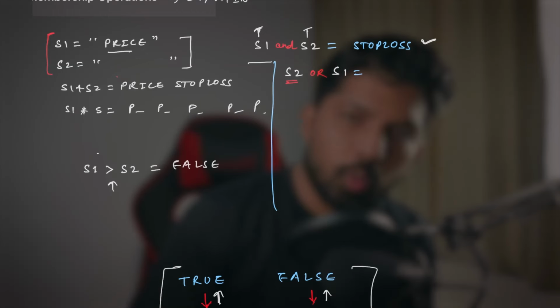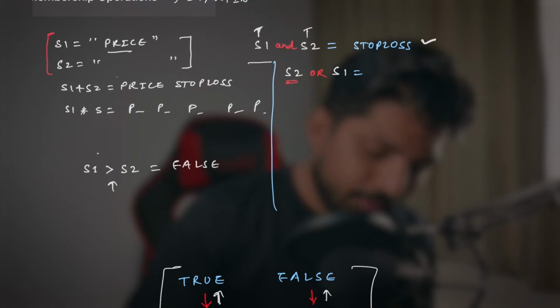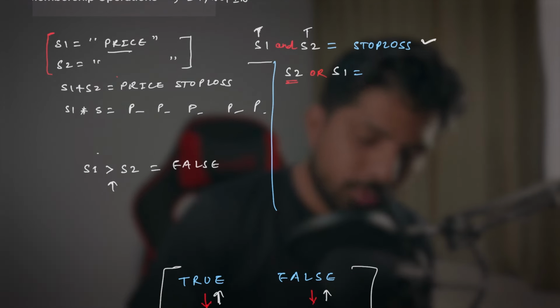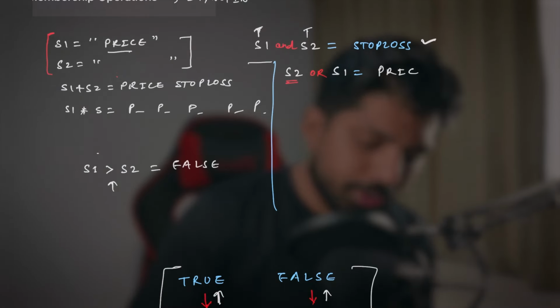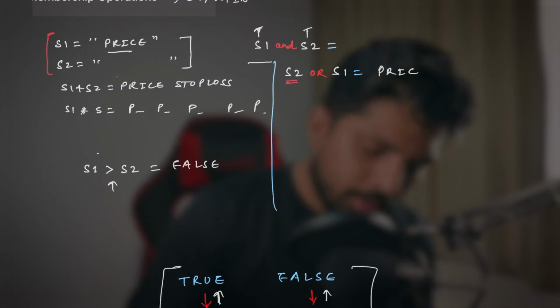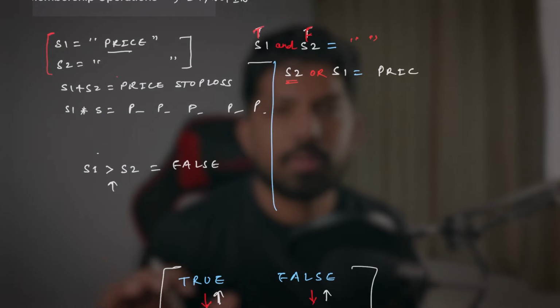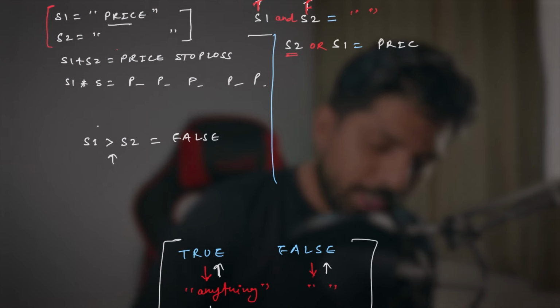Then it will first check S2, S2 is empty, so it will check the next, which is S1, and give us the output as price. And if I perform the AND operation here, S1 is true, then it will check S2, which is false because it is empty. So we will get the value as empty. It's that simple.